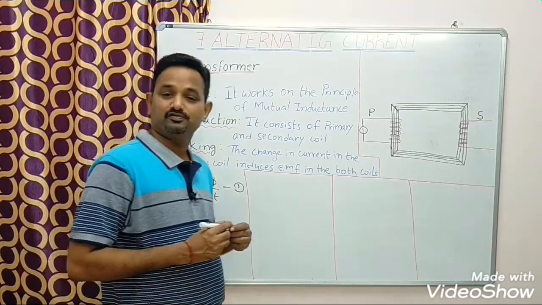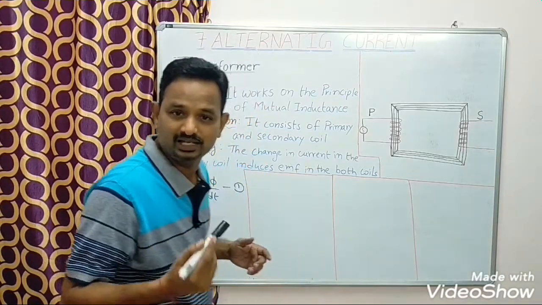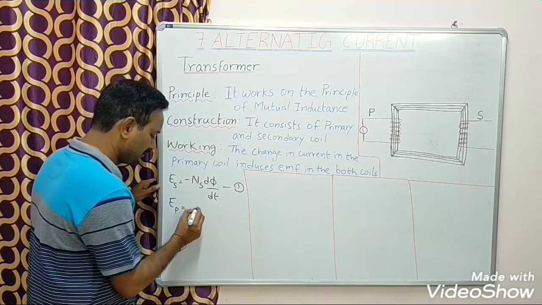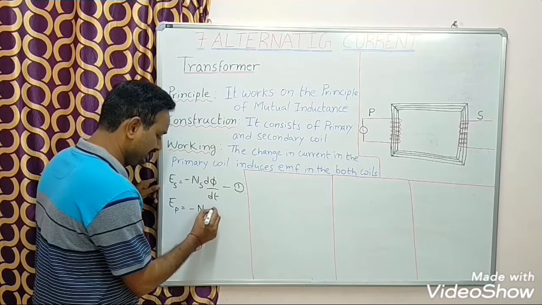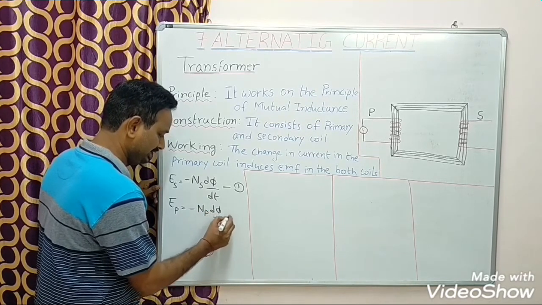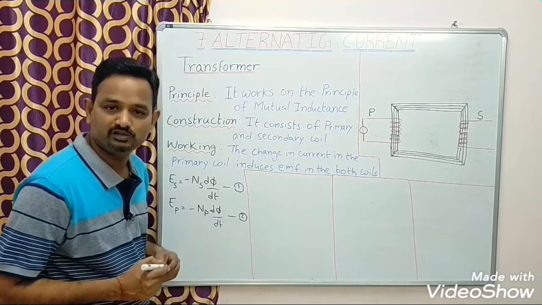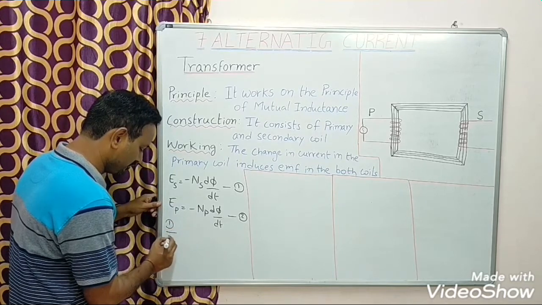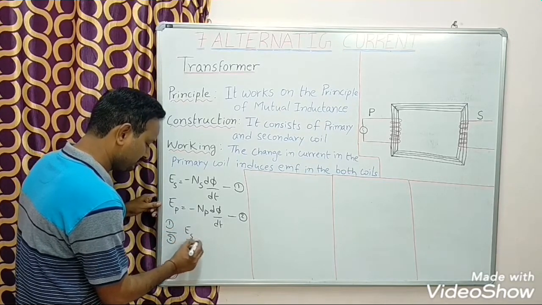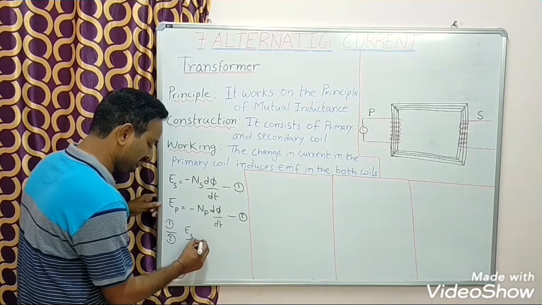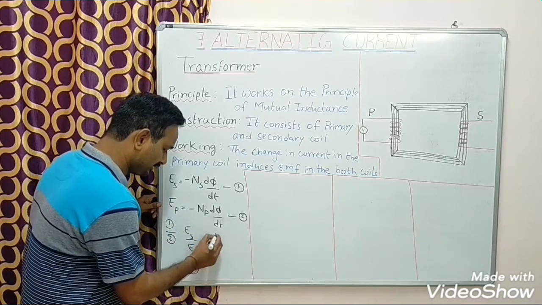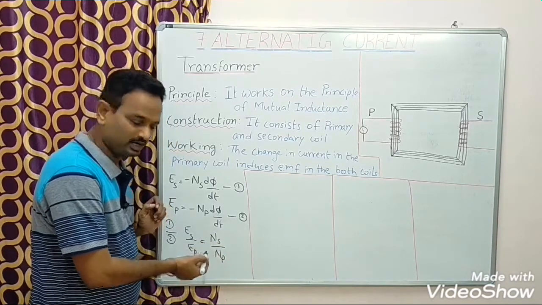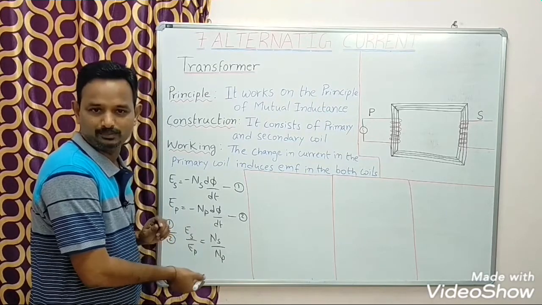The induced EMF in primary coil, if you calculate, EP is equal to minus NP into d phi by dt. This is equation 2. If you divide 1 by 2, what you will get? ES by EP is equal to NS by NP, where NS means number of turns in secondary coil, NP means number of turns in primary coil.